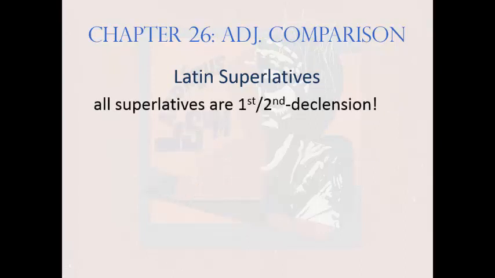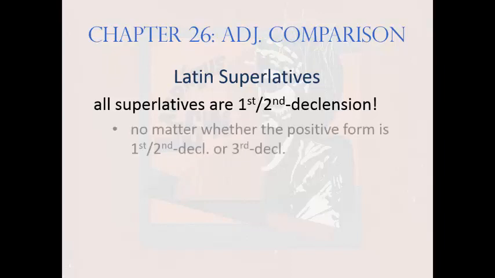Did you catch that? Certus, dulcis, one's first-second declension, the other's third, but both use issimus a first-second declension. That's good news, isn't it? No matter what the declension of the positive, a superlative is always first-second.